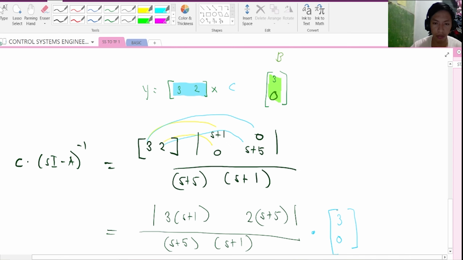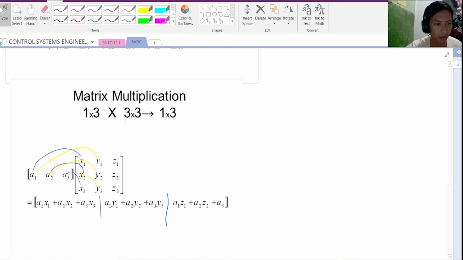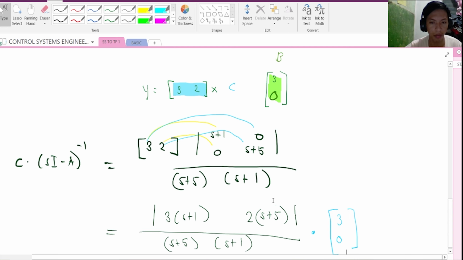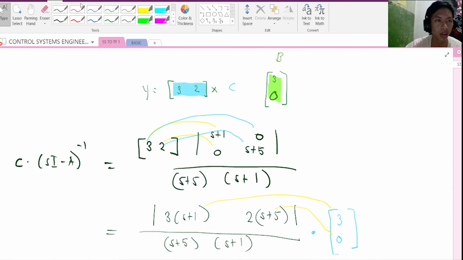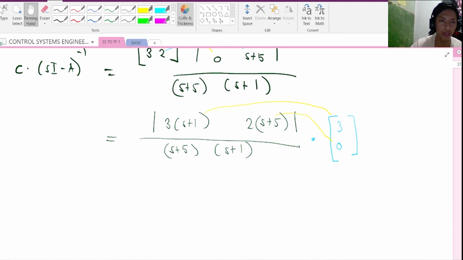Same process as what we did with this one. If we do that, we will have this one.